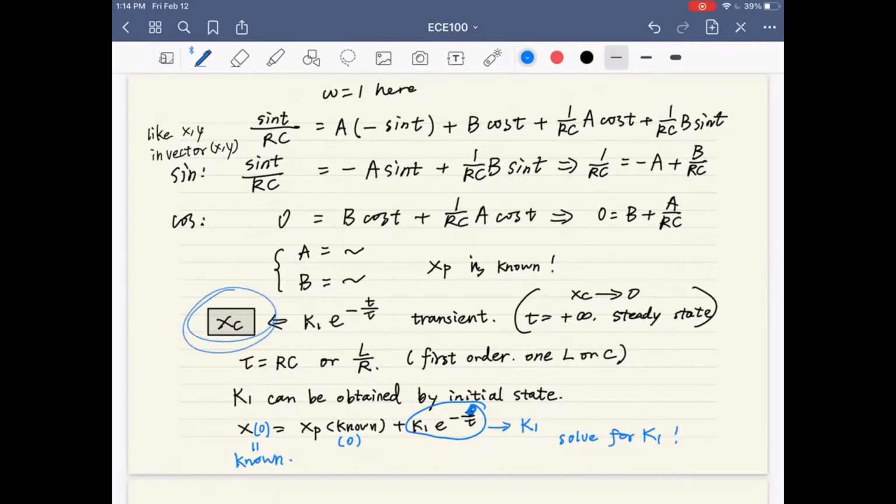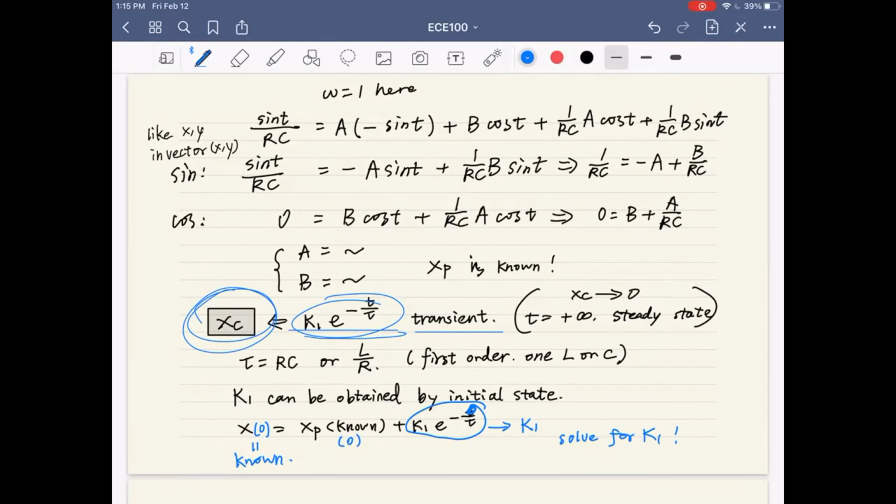And for the xc part, it is basically the decaying term, which we also call the transient term. It is always in the form of K1, which is an unknown, times e to the minus t over tau. This transient term will disappear if the time is long enough.